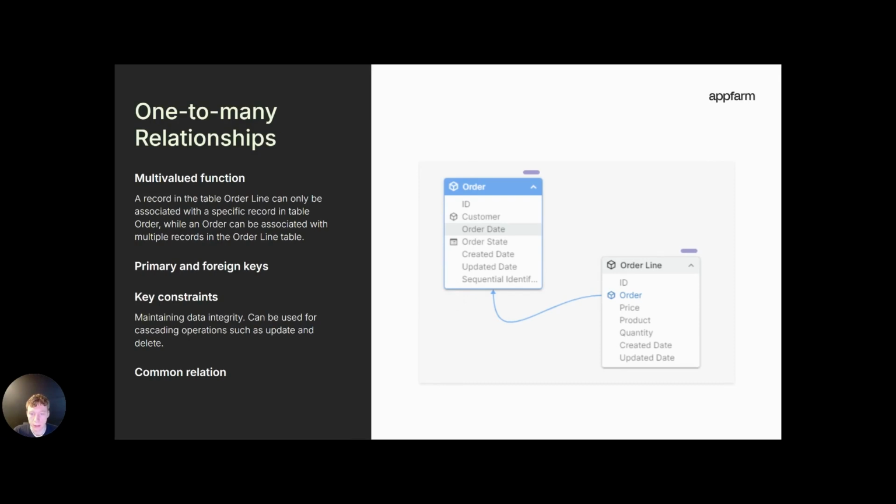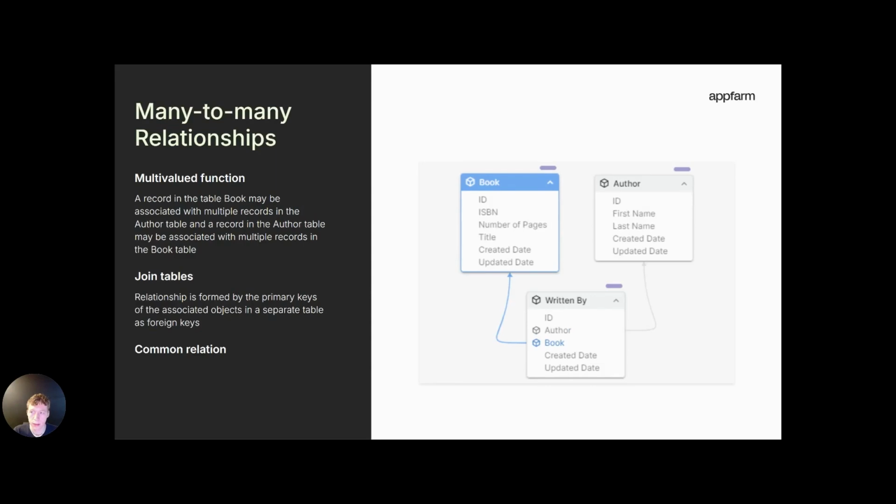This order ID acts as the primary key in the order table, but acts as a foreign key in the order lines table. This relationship type is often useful for cascading functionality, for instance, deleting, where if you delete an order, you can delete every order line which is associated with that order using the cascade delete functionality in Appfarm Create.